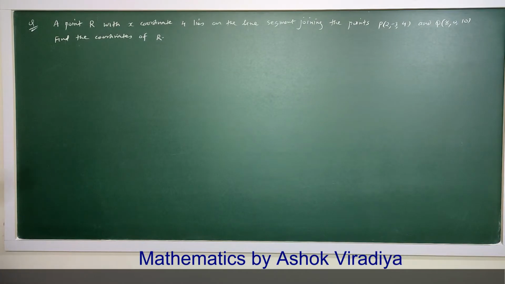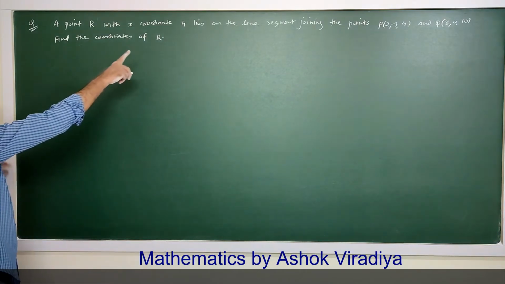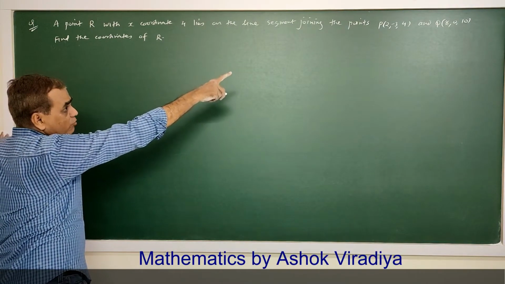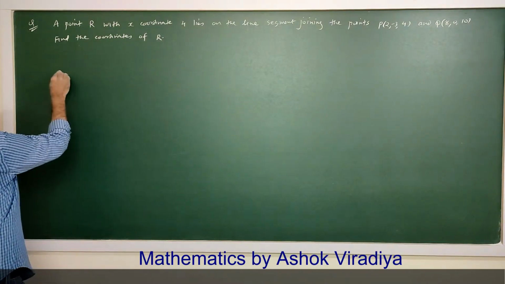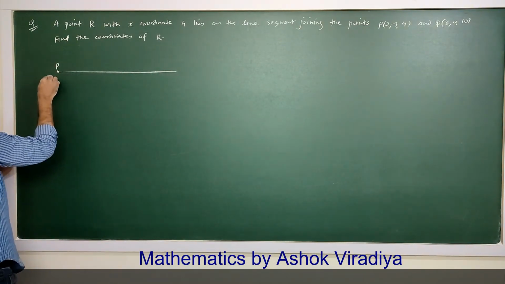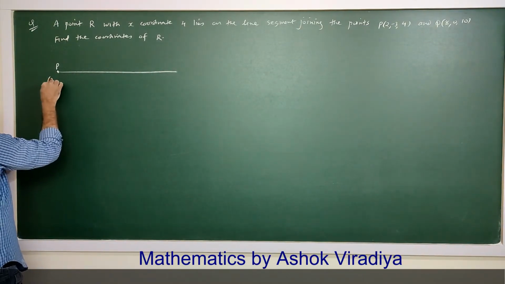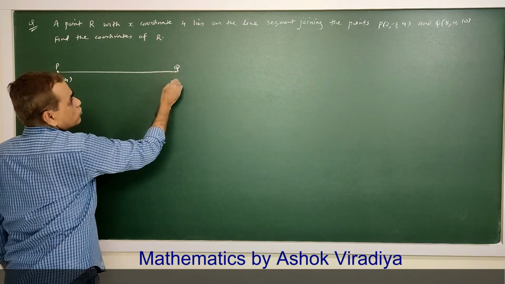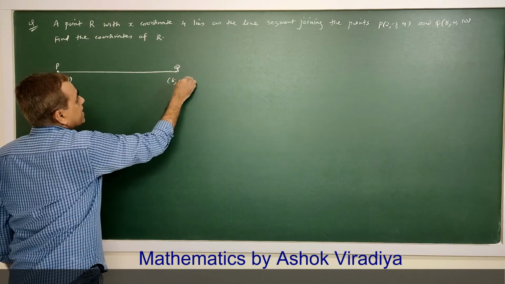A point R with x coordinate 4 lies on the line segment joining points P and Q. See here, this is point P whose coordinates are 2, minus 3, 4, and here point Q whose coordinates are 8, 0, 10.